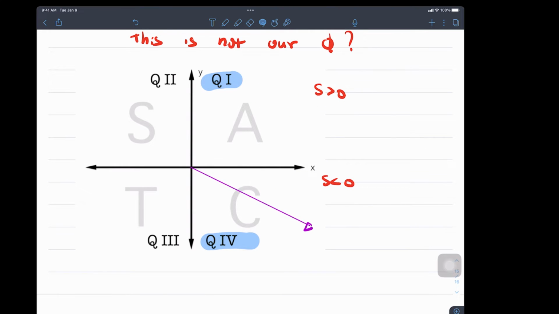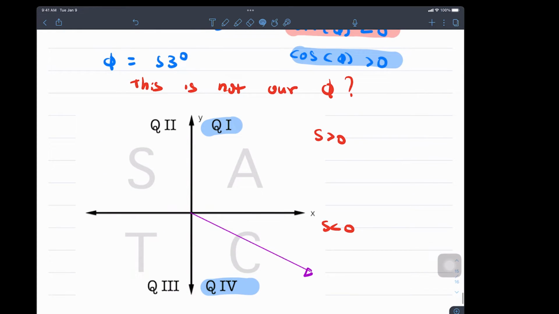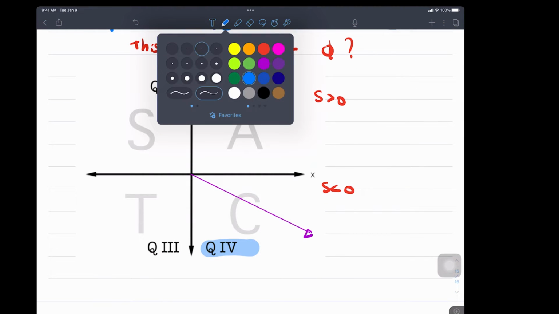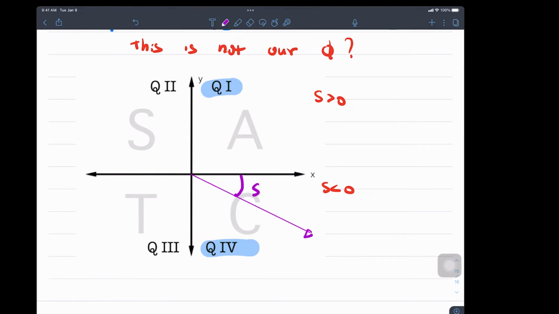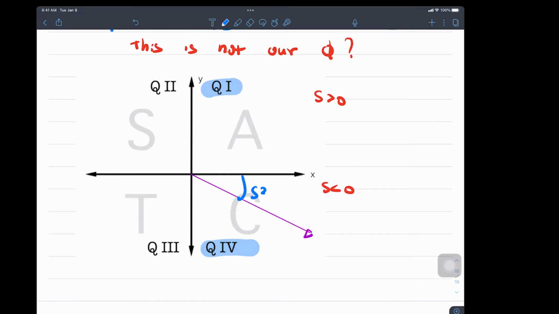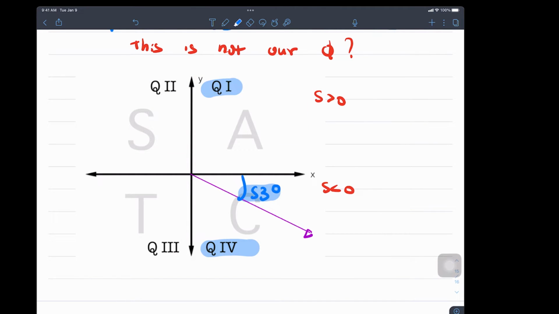Right, because you go, Mr. Judge, it gave me 53 degrees. This is a quadrant 1 answer. It's not a quadrant 4 answer. What it gave me is this thing. It gave me the reference angle, ladies and gentlemen.